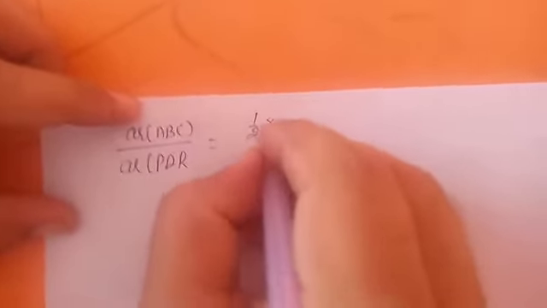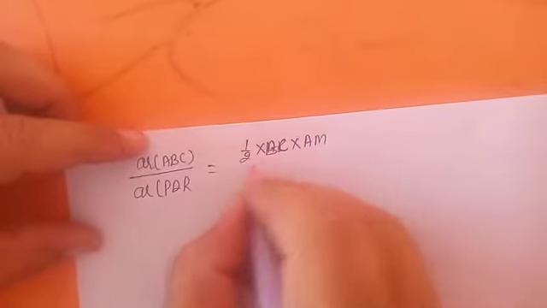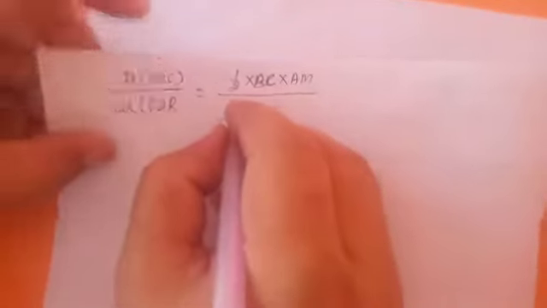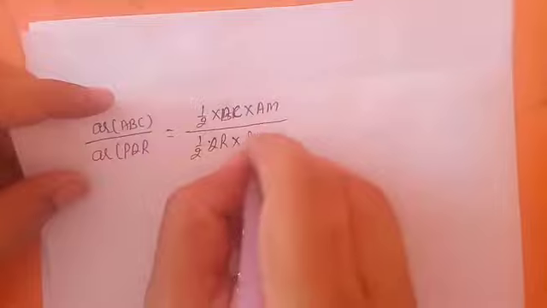So now come here. Area of triangle ABC by area of triangle PQR is equal to 1 by 2 into BC into AM, divided by 1 by 2 into QR into PN.